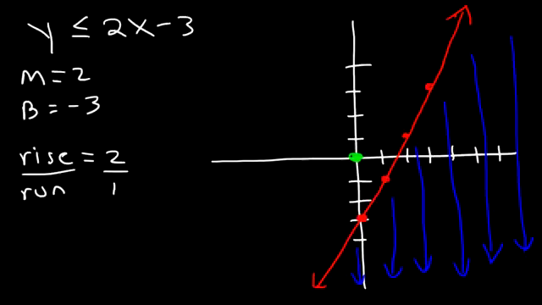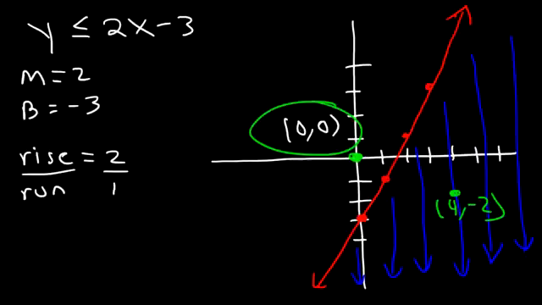The first one being the origin, (0, 0), and another one, let's choose this point, which is (4, -2). If the equation is true, then you should shade in that region. If it's not true, do not shade it. So this should be not true if we plug it in.